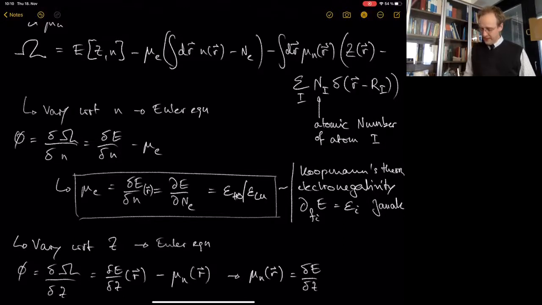And this, due to the Hellmann-Feynman theorem, as also shown by Wilson above, and as we already discussed, is nothing else than the electrostatic potential, which now uses our modified external potential.